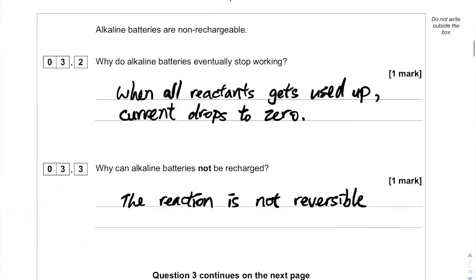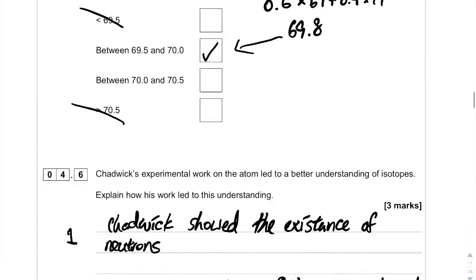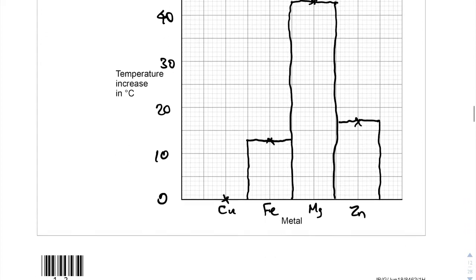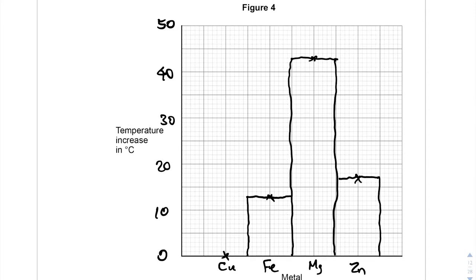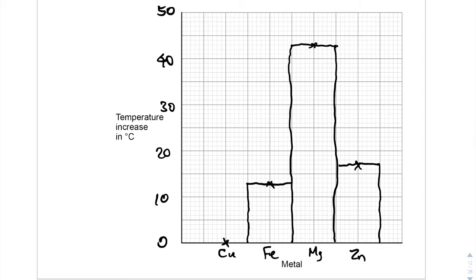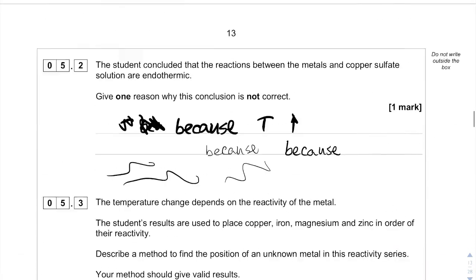Also, for this particular question where I plotted a bar chart, I don't think I showed it that well, because the paper size is a bit big and my screen is not big enough to encapsulate everything. So I'm sorry if it's not clear.